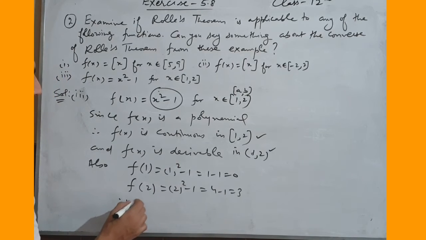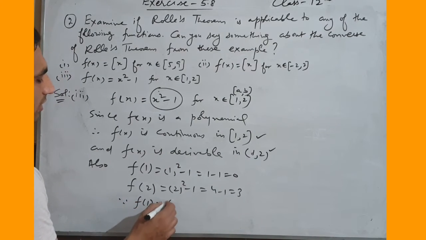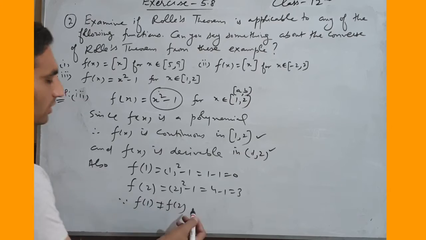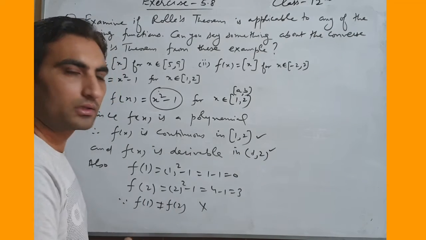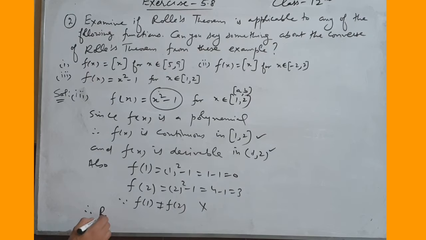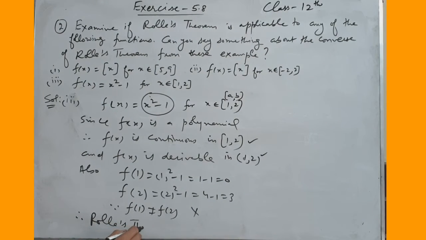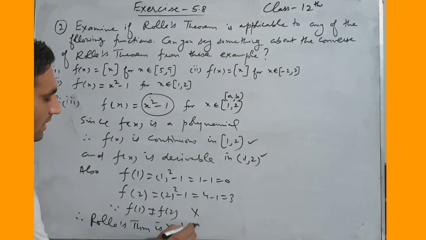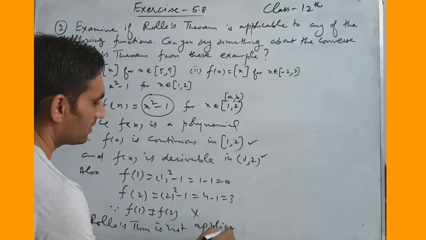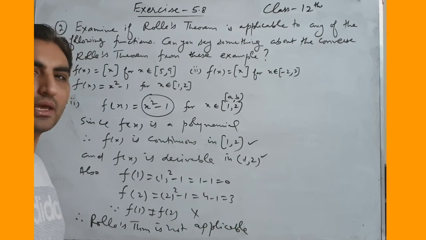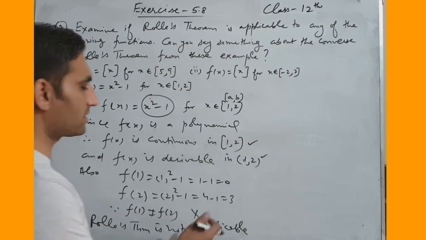Are they the same? You have to write f 1 not equal to f 2. So the third condition is not fulfilled. Therefore Rolle's theorem is not applicable in this case because of this third condition.